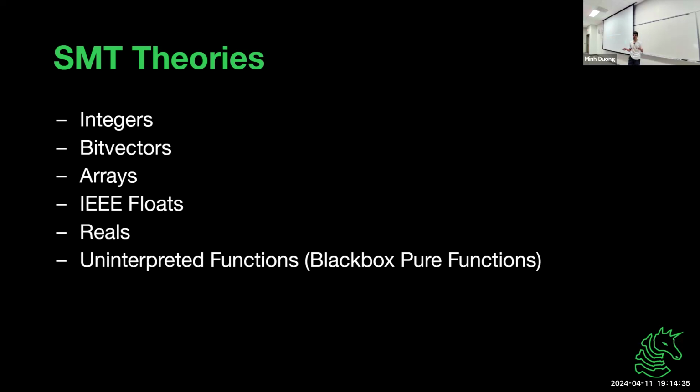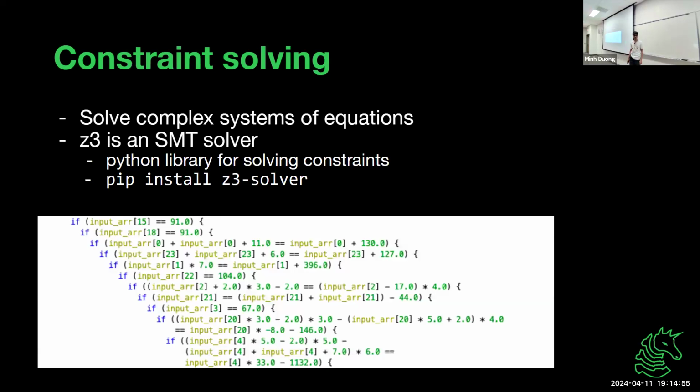So for instance, you could have a constraint like, let's say, f of x equals f of y, and f is uninterpreted. You can conclude from there that x must equal y, knowing nothing else about the function, because you don't know what that function does. All you know is that same input gives the same output.